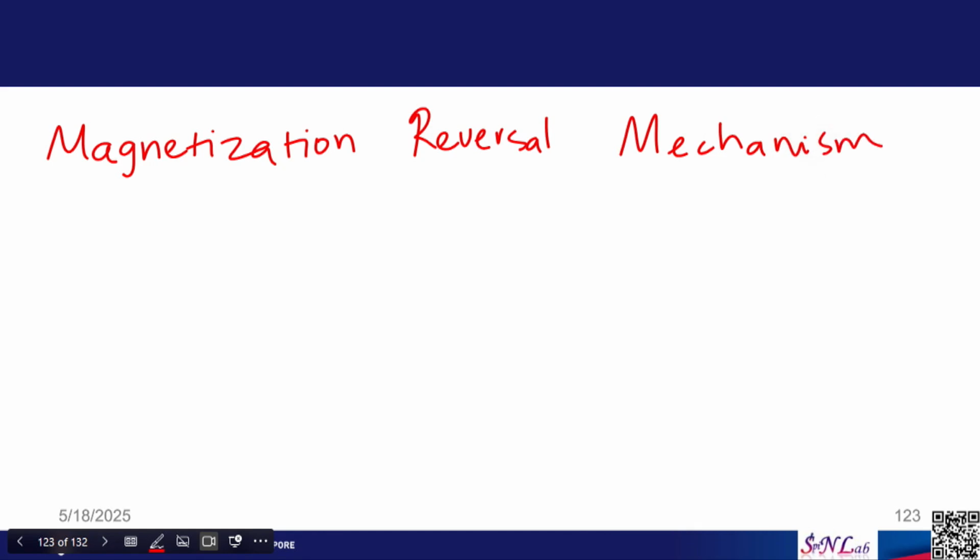Okay, the word may look very complicated. Basically, what it means is, if you bring a magnet next to a magnetic material, how the magnetic material will respond. Okay, that is basically the magnetization reversal mechanism.